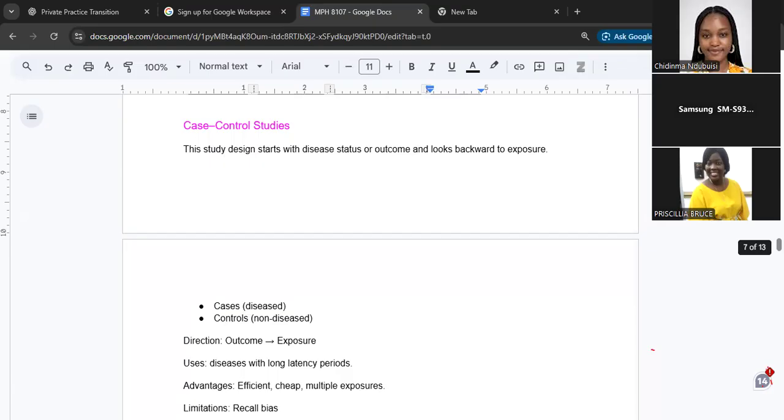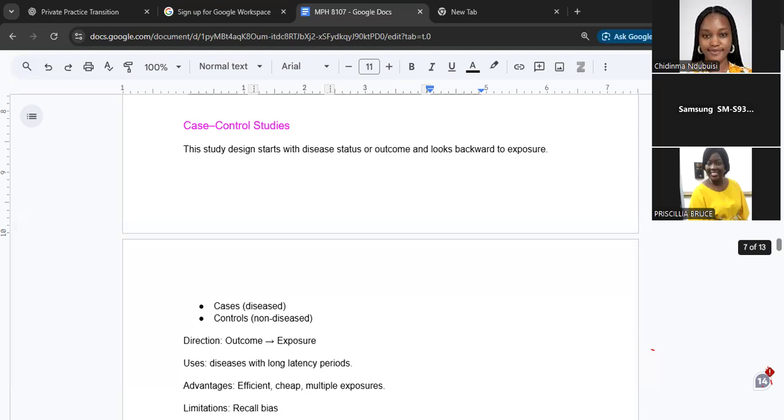Now look at what is happening here. In cross-sectional, we're measuring exposure and outcome at the same time. In case control, we start from the disease status, from the outcome, and then we walk back to trace the exposure. Stay with me.